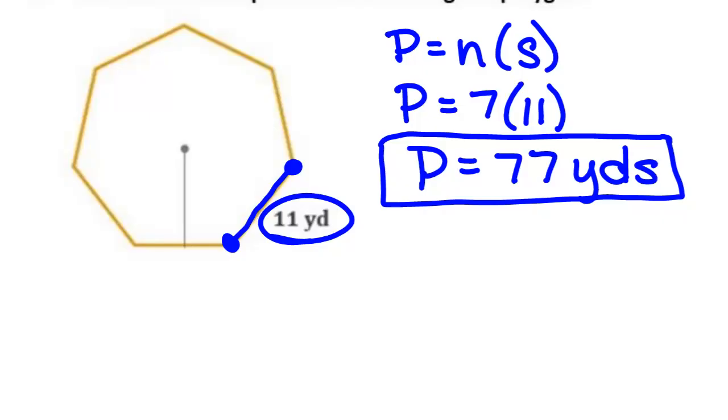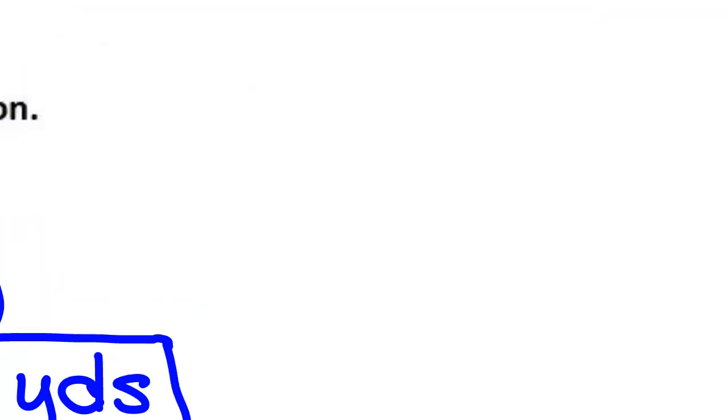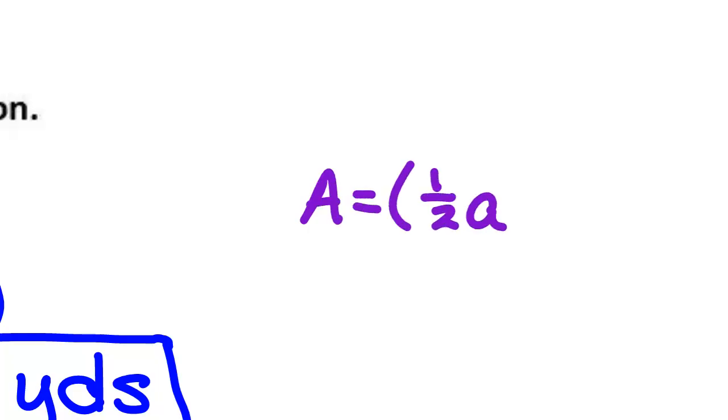We don't have a radius or an apothem, do we? No. So we could find either one of these. So my question to you is, which one of these area formulas do you guys want to use?